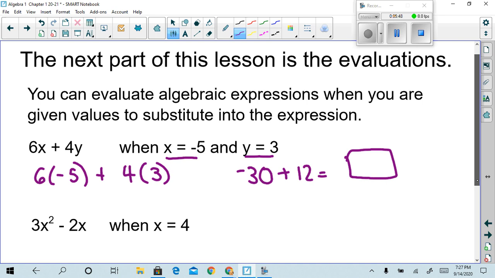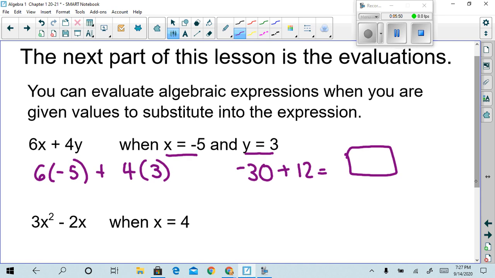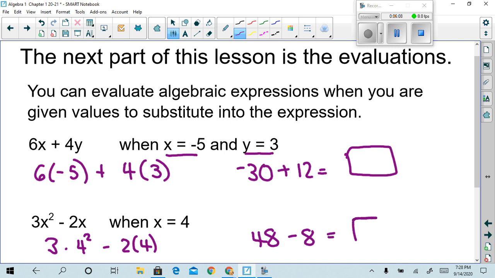In my second example, I'm going to have 3 times 4 squared minus 2 times 4. Again, order of operations, I'll get 4 times 4, which is 16. That'll give me 48. And I'll have 48 minus 8, and you'll find your answer there.